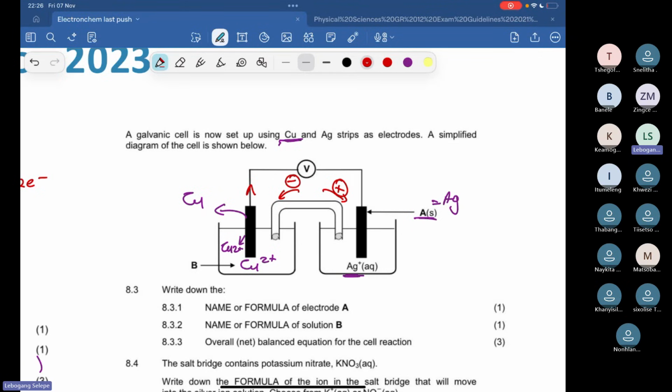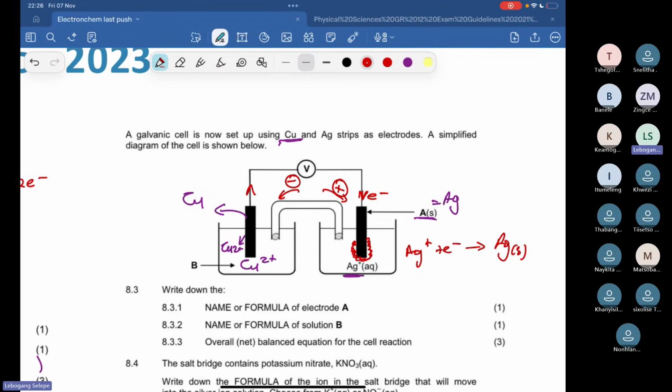Those electrons flowing in the outer circuit, when they get here, get accepted by Ag plus. When Ag plus accepts an electron, it becomes Ag solid. That Ag solid would accumulate here and coat this, because now it is a solid.